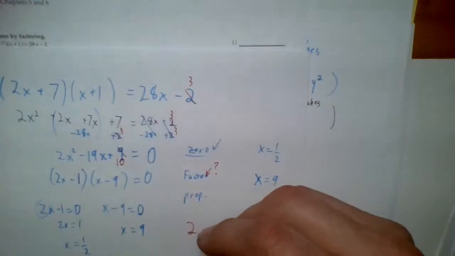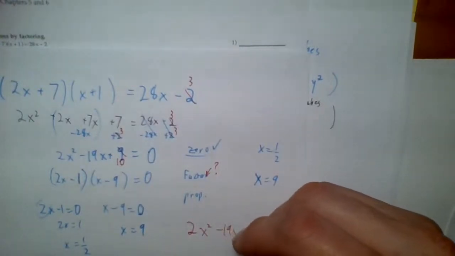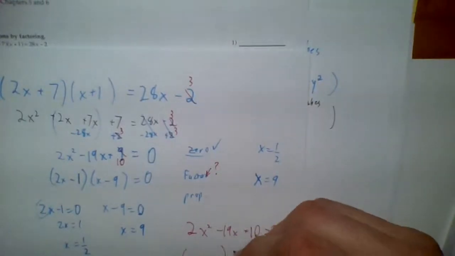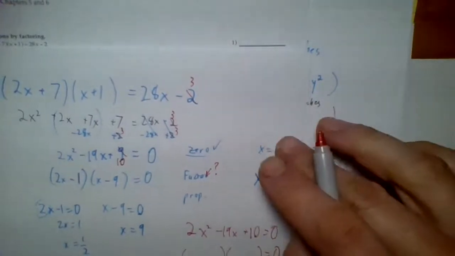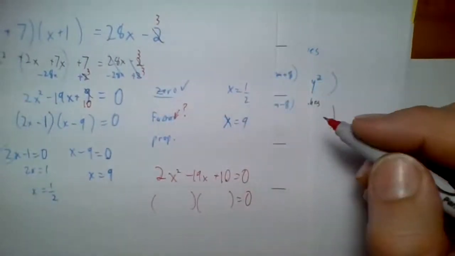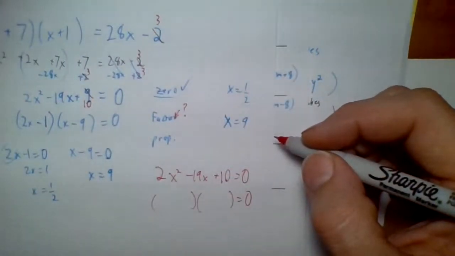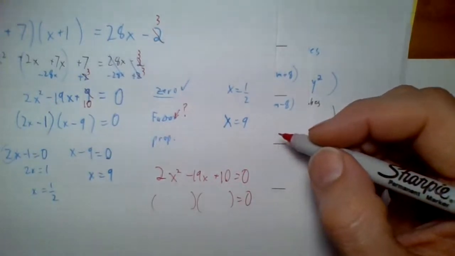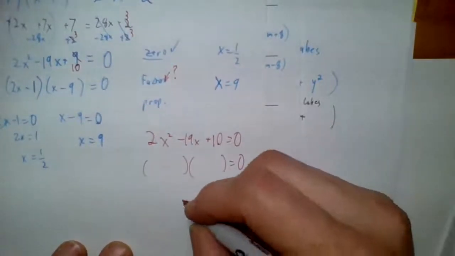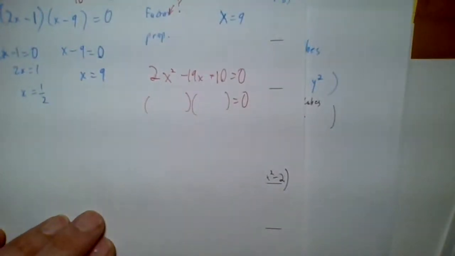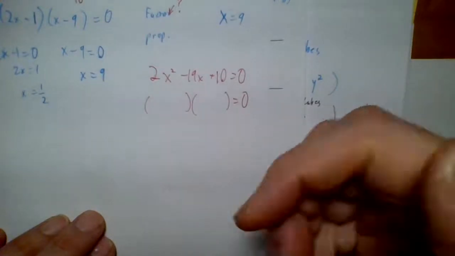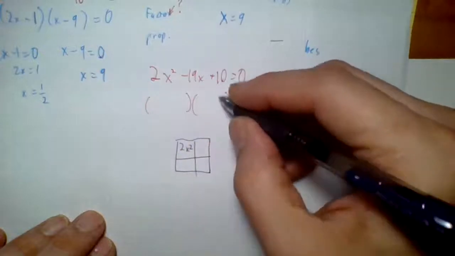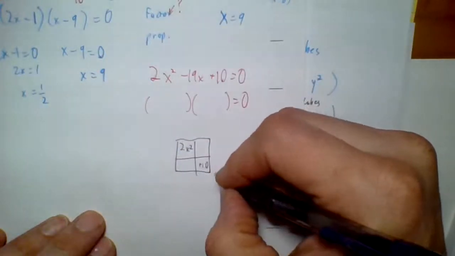Let me write it separately because the factors are going to be a little different. Oh no, it doesn't. Okay, but it did for a minute. I'm asking myself now, can I find numbers that work in this one? Let me set it up. 2x squared, positive 10 multiplies to 20.